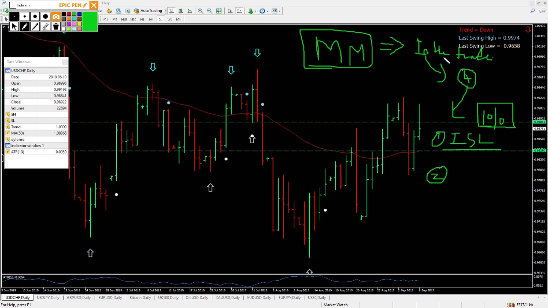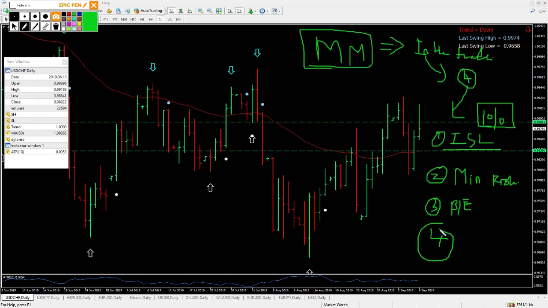The second thing is, once the trade goes in your favor and according to your parameters, you're meant to minimize your risk. The third thing is looking to break even as much as you can when the market allows you to.